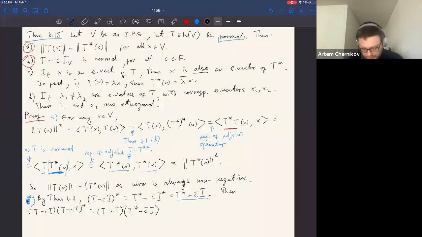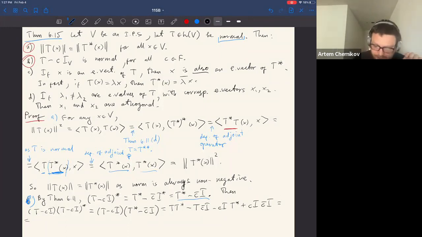Okay, so now let's open the brackets. We use the properties of composition, sum of linear operators, and multiplication by scalars, which are basically the rules of algebra. So we get the composition T T star minus T composed with C bar I minus C I composed with T star plus CI composed with C bar I. Again, remember, these are all linear operators.